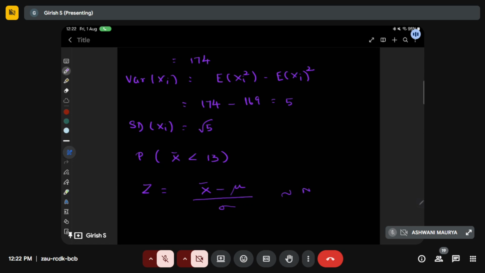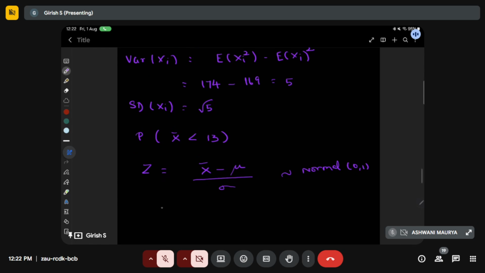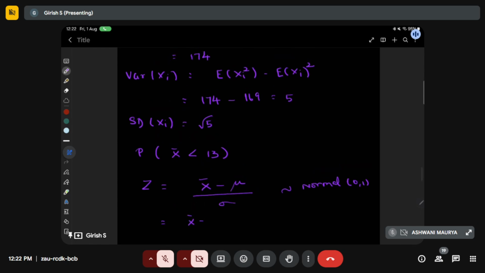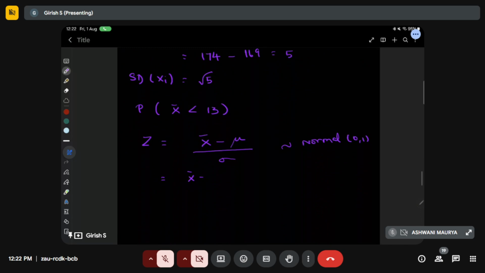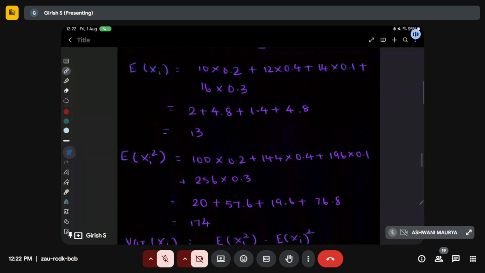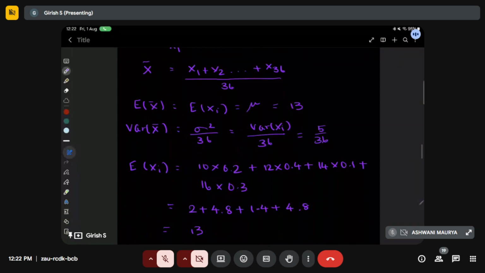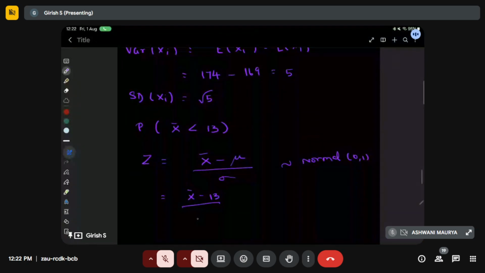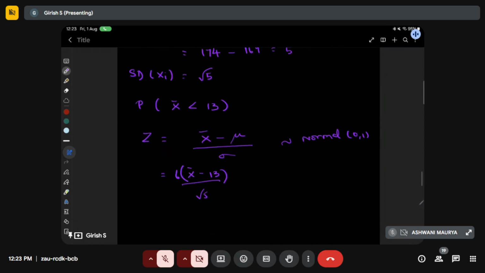This follows a standard normal distribution. We calculated mu to be 13, and the variance is 5 by 36, so sigma becomes root 5 by 6. You got till this point, right? I converted it into Z. This follows a normal distribution, and this is asked in the question, right? Is it clear till this point?